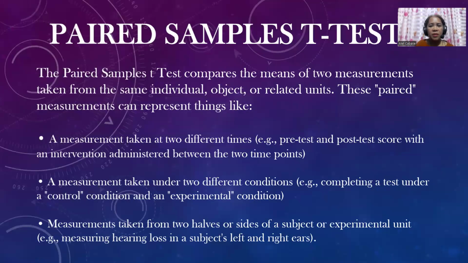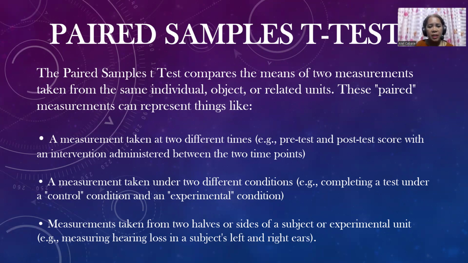So next is the paired samples t-test. The paired samples t-test compares the means of two measurements taken from the same individual, object, or related units. These paired measurements can represent things like measurement taken at two different times, example, pre-test and post-test score, with an intervention administered between the two time points.